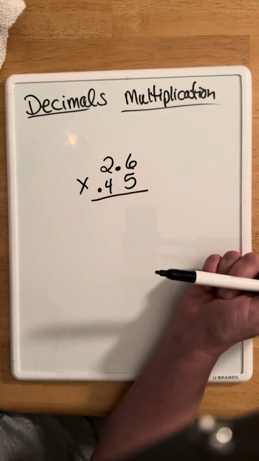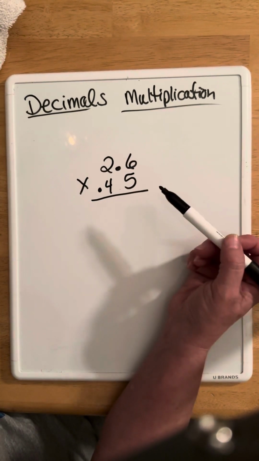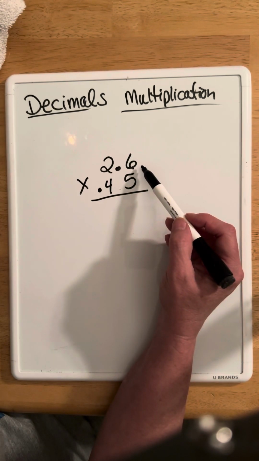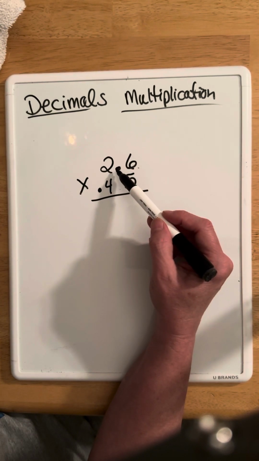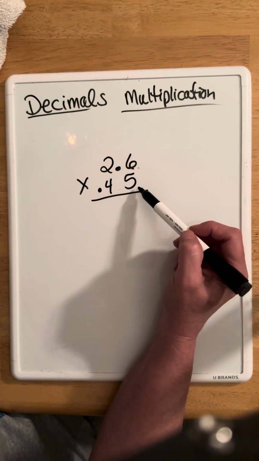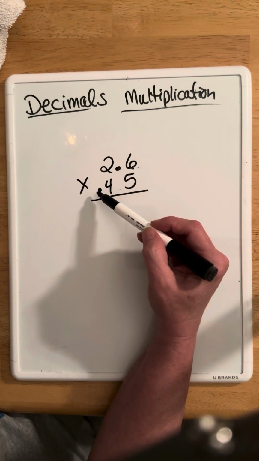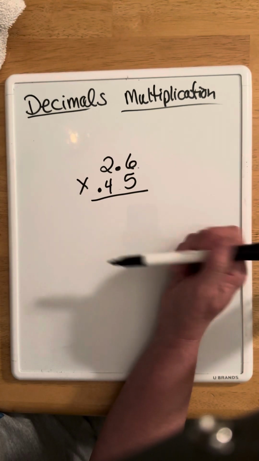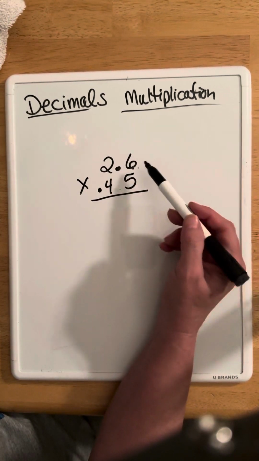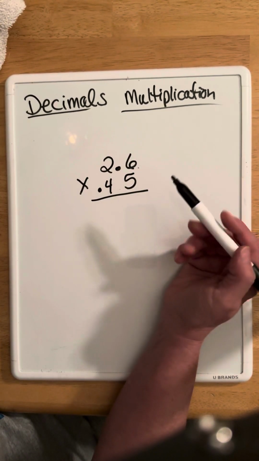We'll deal with the decimals in the answer, because what we're going to do with our answer is count from the end of that number, how many times did we have to skip over to get to the decimal? 1. And right here we had to skip over 1, 2. So a little heads up, we're going to have to skip over 3 positions in our answer, but we'll get back to that. Okay, 6 times 5 is 30.